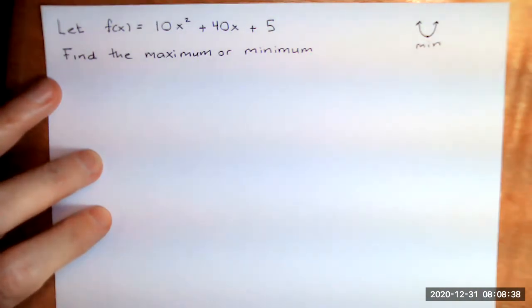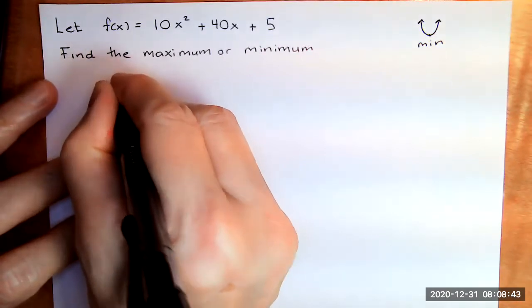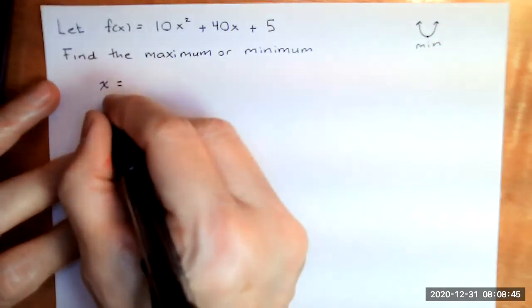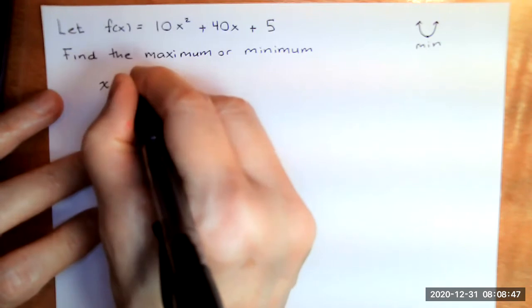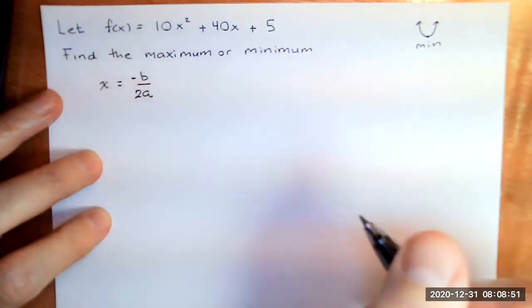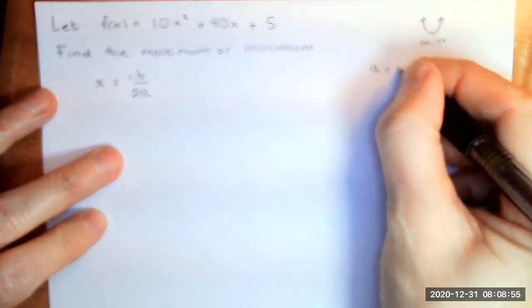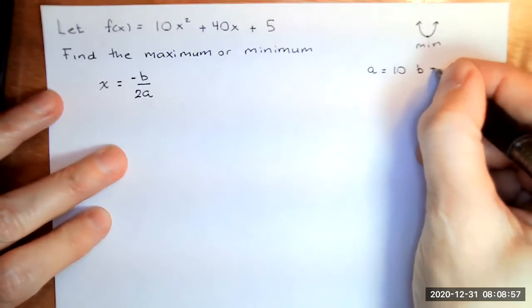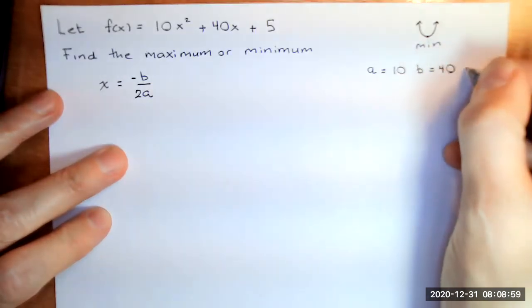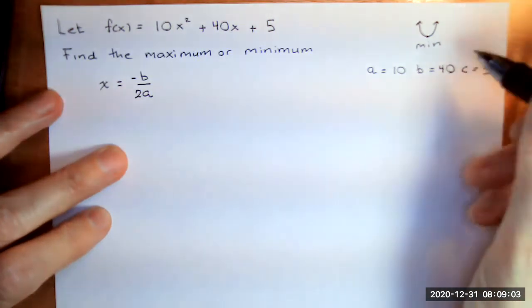So you could either complete the square or just use the fact that the minimum is going to occur at negative b over 2a. So a is 10, b is 40, c is equal to 5.